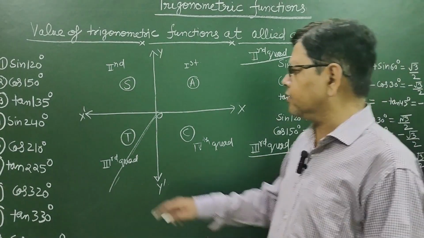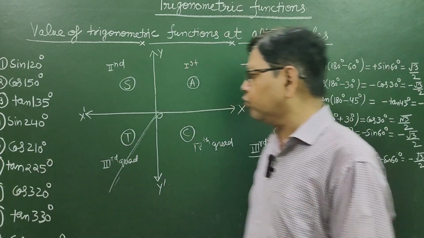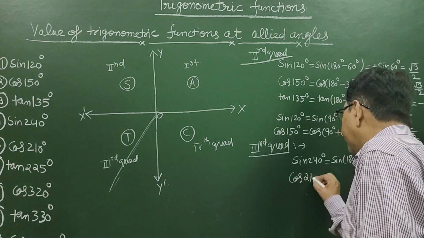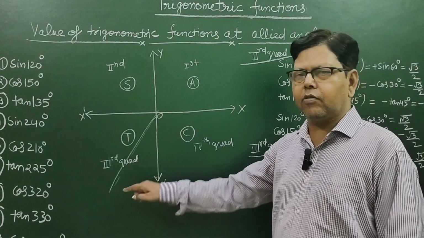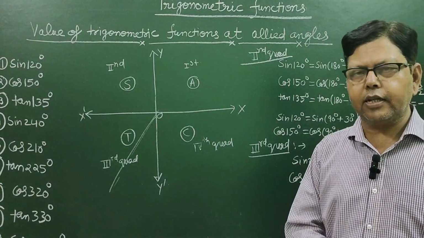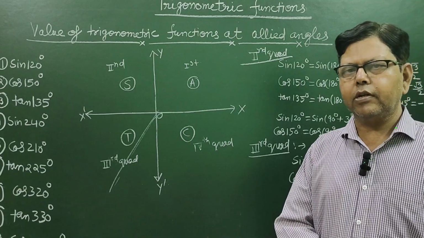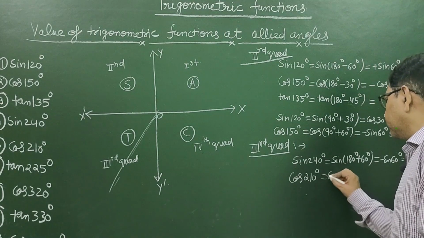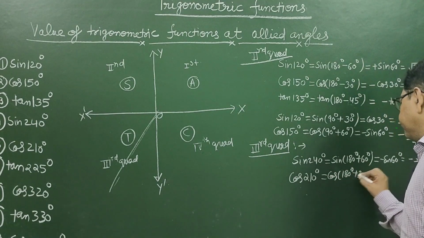Then the next angle in the third quadrant, cos of 210. 210 degree angle lies in the third quadrant because it is greater than 180, less than 270. So cos 210 is equal to cos of 180 plus 30 degrees.